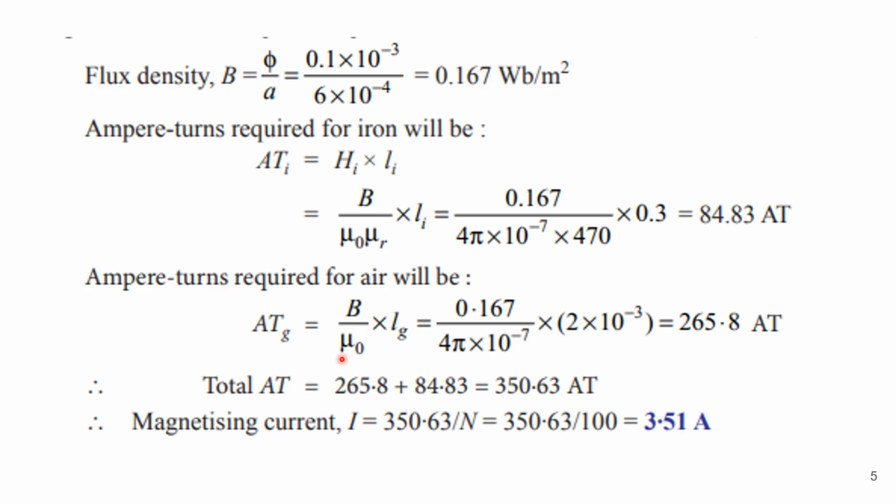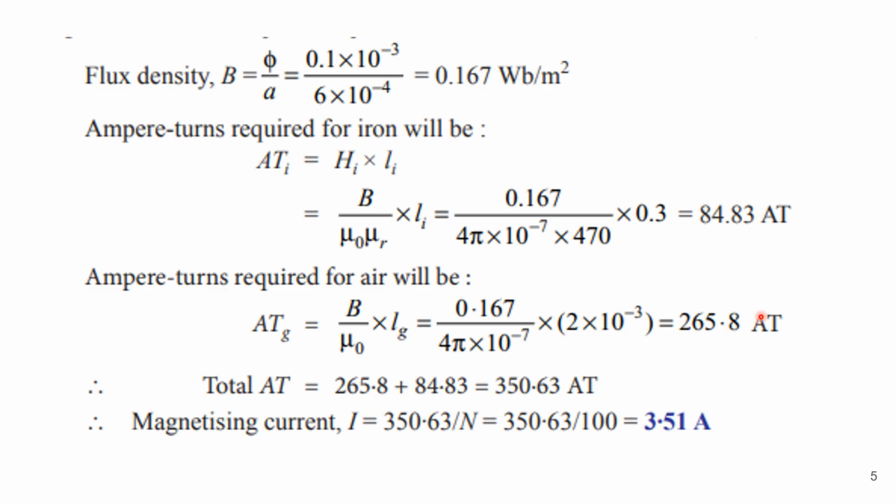So B by mu naught mu r, where mu r for the air gap is 1, into the length of the air gap, given as 2 mm. So Lg in meters is 2 into 10 power minus 3. After substituting B, mu naught and Lg, the result is 265.8 ampere turns.